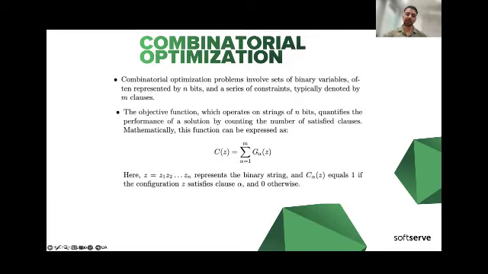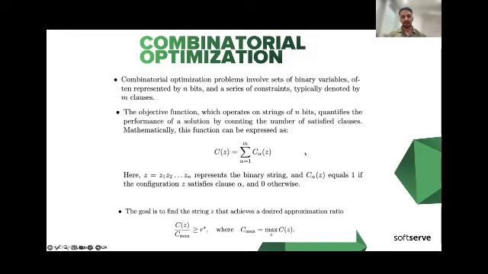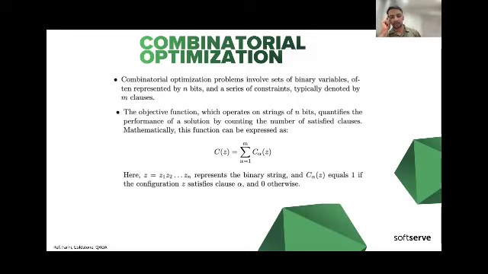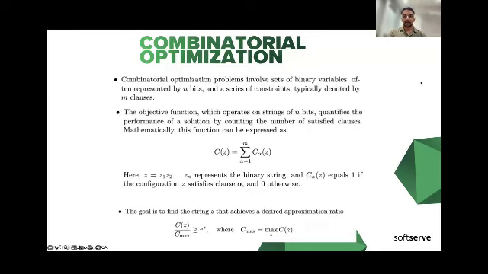So for example here, this will just take 1 or 0, 1 or 0, 1 or 0, and there are a set of clauses or constraints, and in this case, for example, there are m clauses. Okay, so I will get into an example, but before that, I'll tell you the goal.